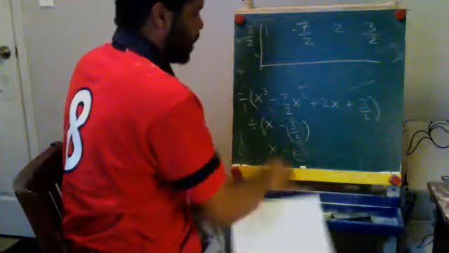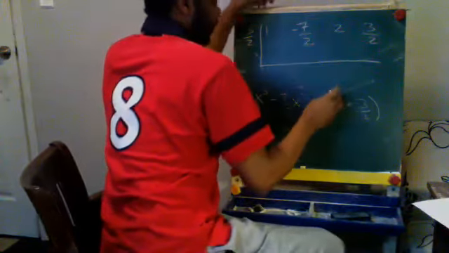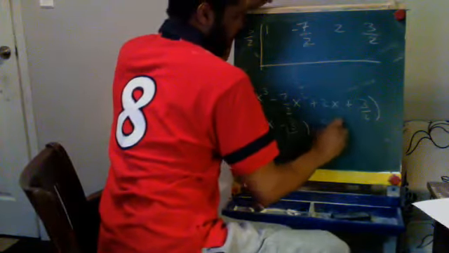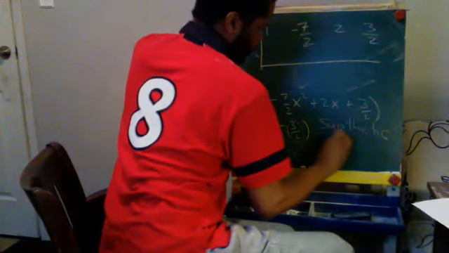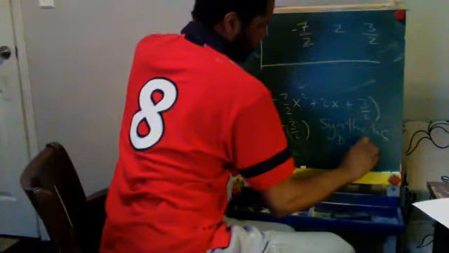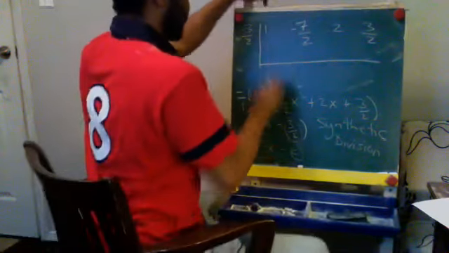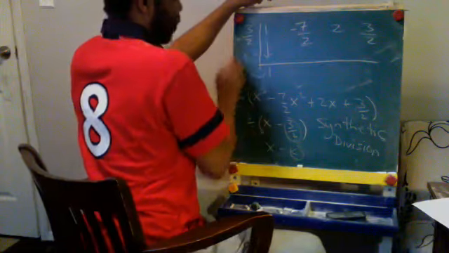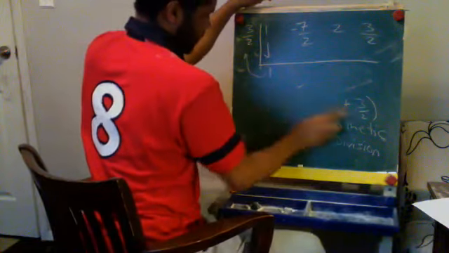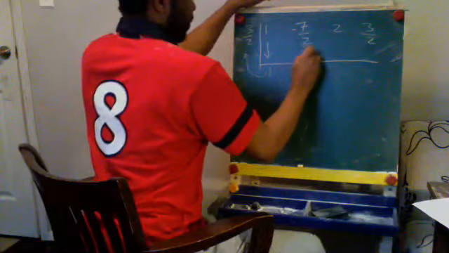And so now this process of synthetic division becomes a little easier, right? So now I'm going to bring my 1 down and I start my process. 1 times 3 over 2 is going to be 3 over 2.